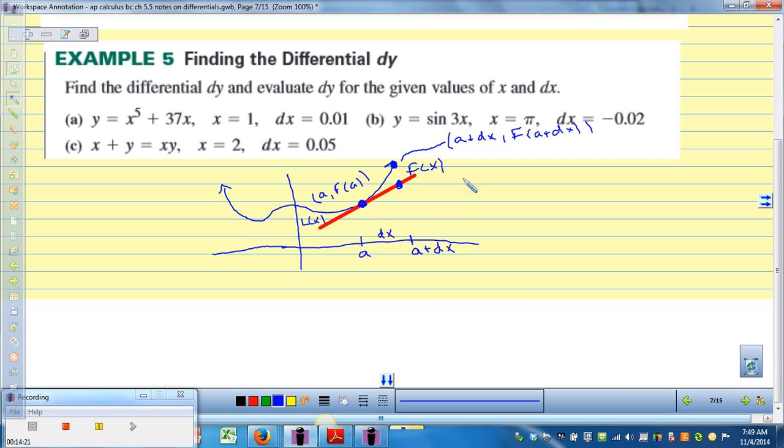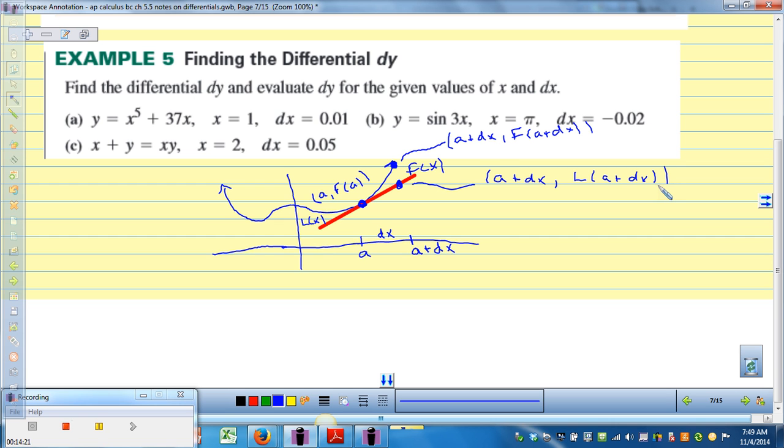And what is that point? Well, what's the x value? Still a plus dx. Comma. I labeled this line L. So we could call it L of a plus dx, right?